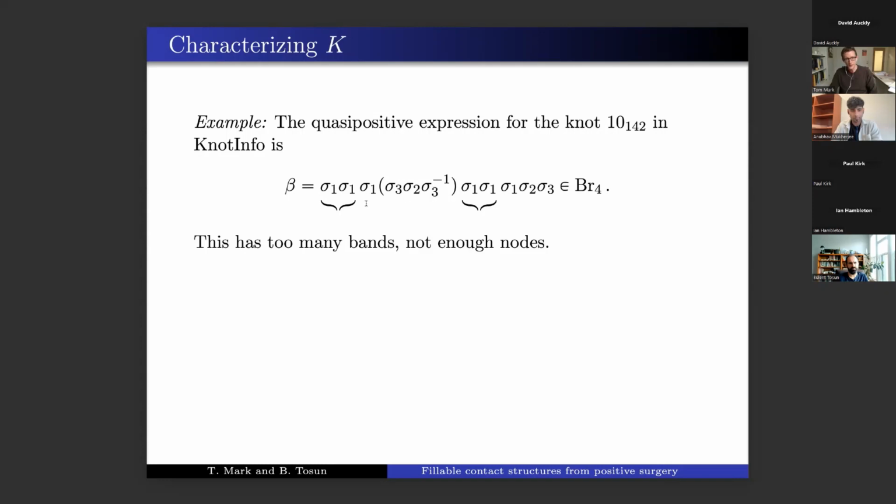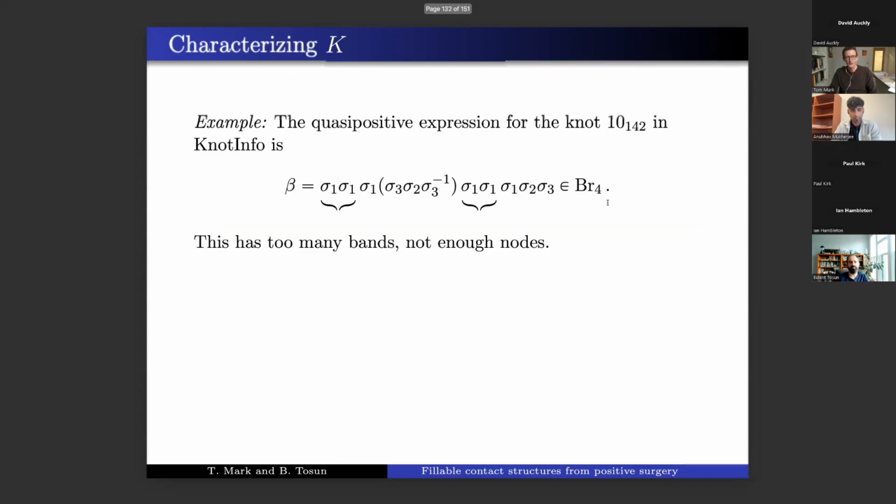There's just the one. So there's one band for each term here. There are 3 bands there. One more makes 4, 5, 6, 7, 8, 9 bands. And what you're looking for in terms of nodes are square generators. So there's one and there's one, but that's still got 5 bands left over. So we need only 3 because we're in the four-stranded braid group.